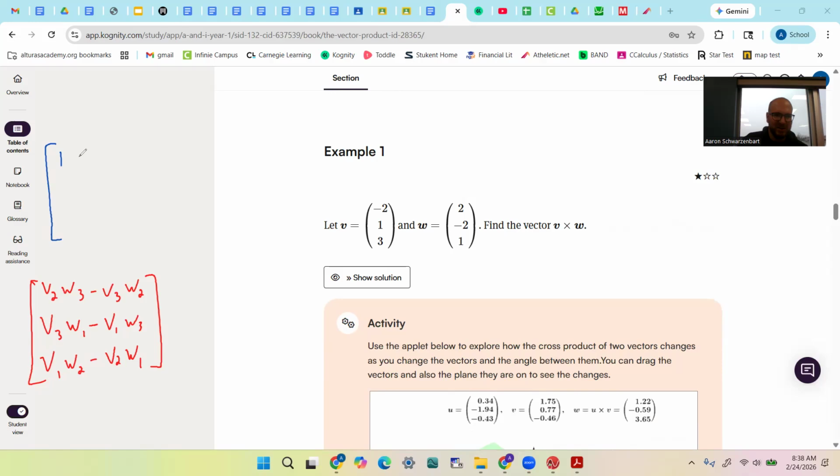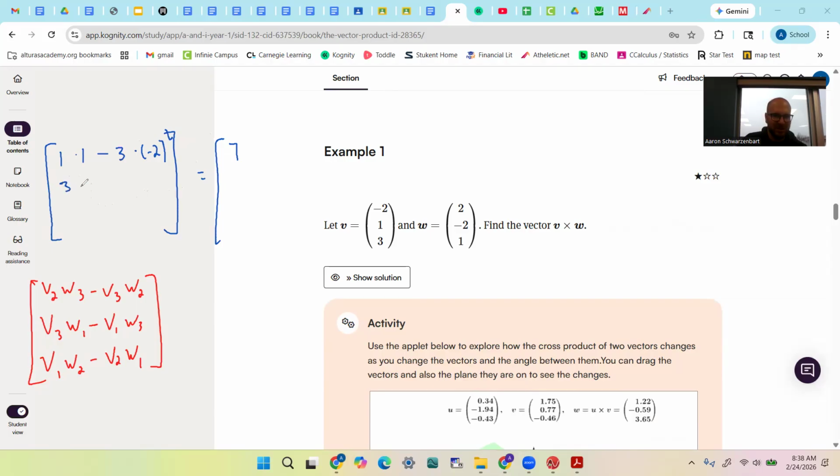V2 is 1 times W3 is 1 minus V3 is 3 times W2 is -2. And that's 1 plus 6 is 7.